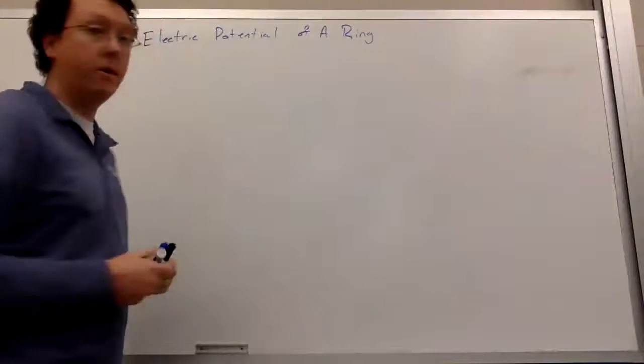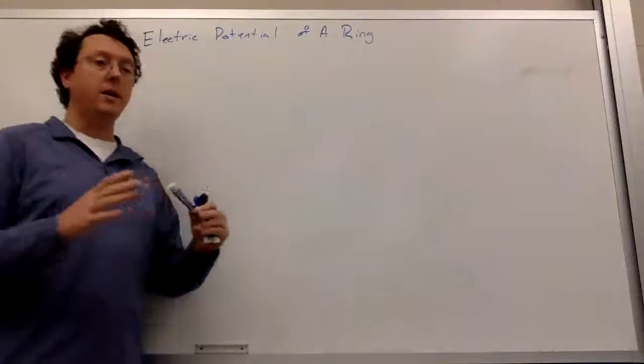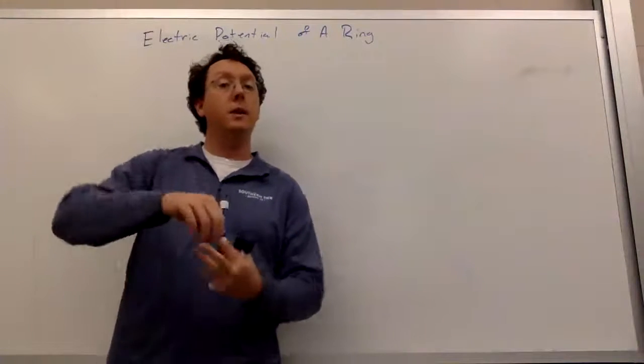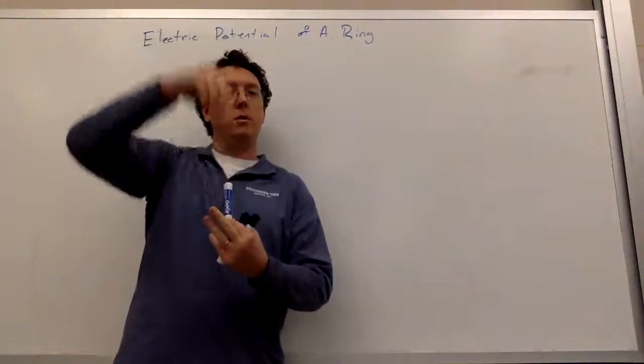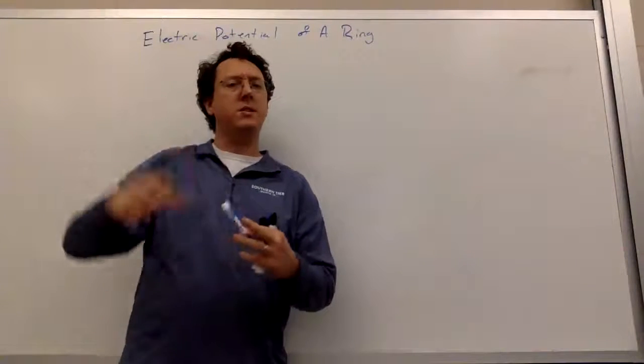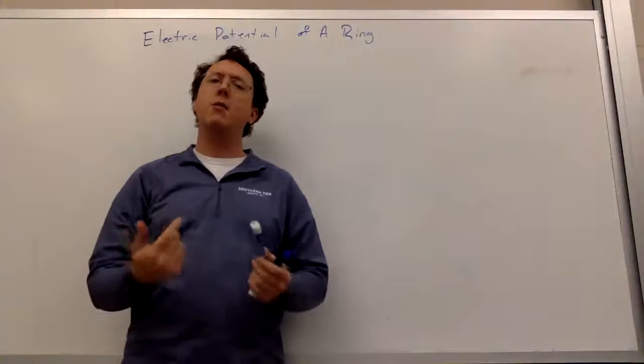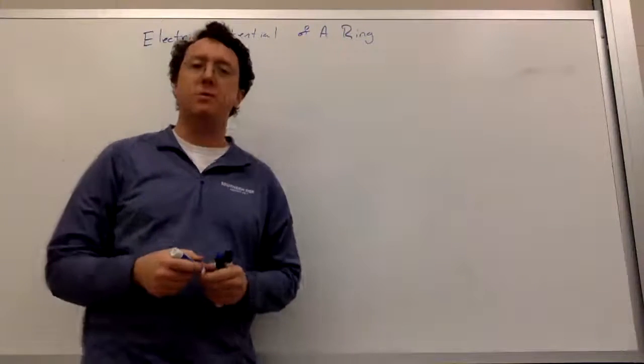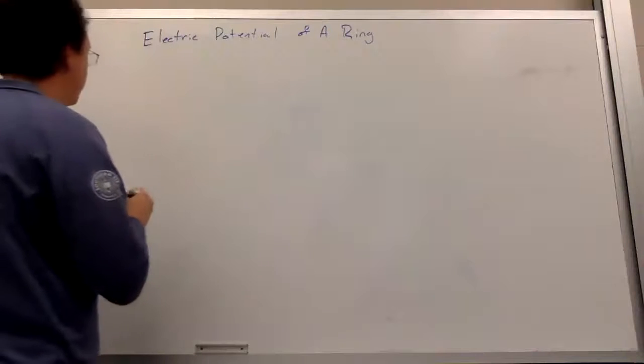All right, so the scenario I have in mind here is a ring centered maybe in the XY plane, and then at a point along the Z-axis above the center of the ring, we're going to calculate the electric potential. All right, so let's draw a picture of that.